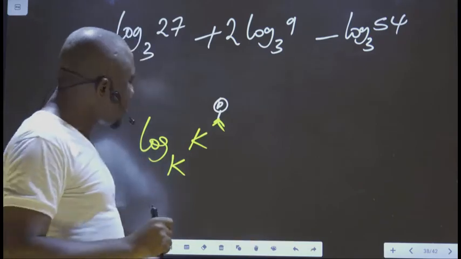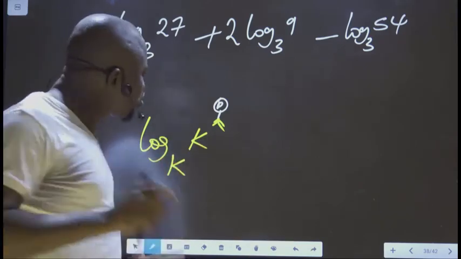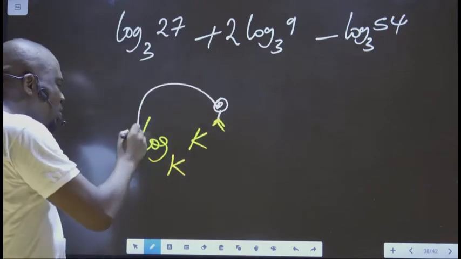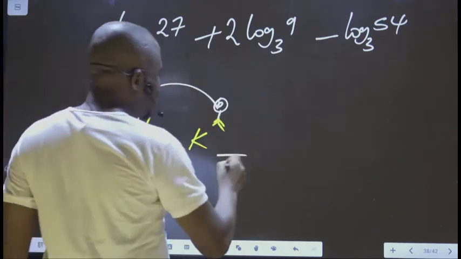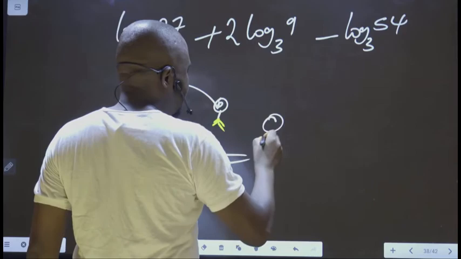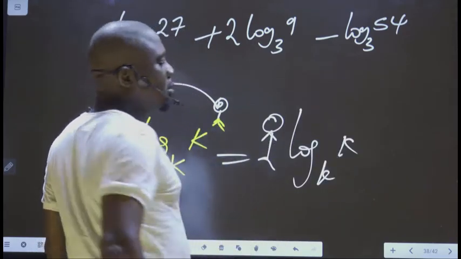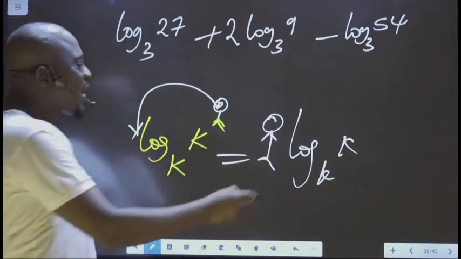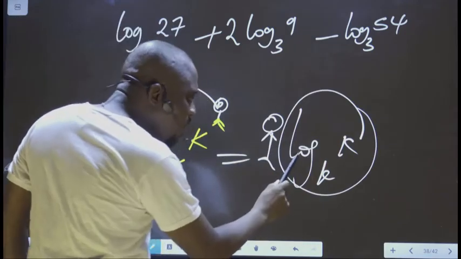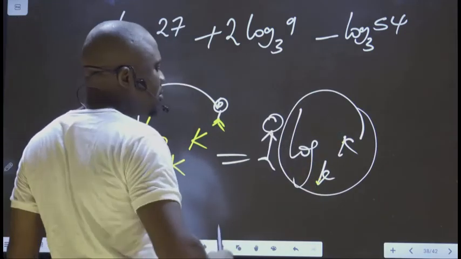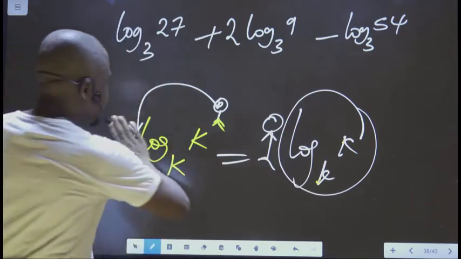Let me explain. What you can simply do, you move this guy to the back of this place to have log k k. Log k k means what? 1. When you see log and this resemble, it simply means 1.